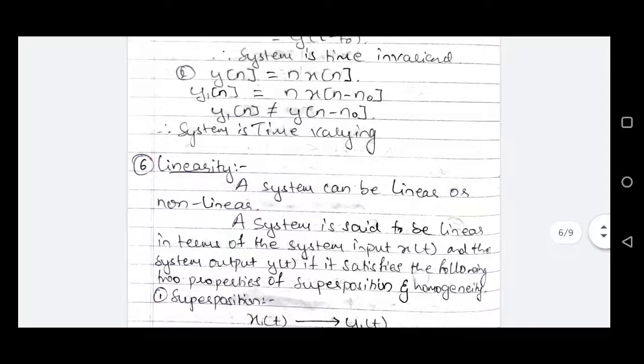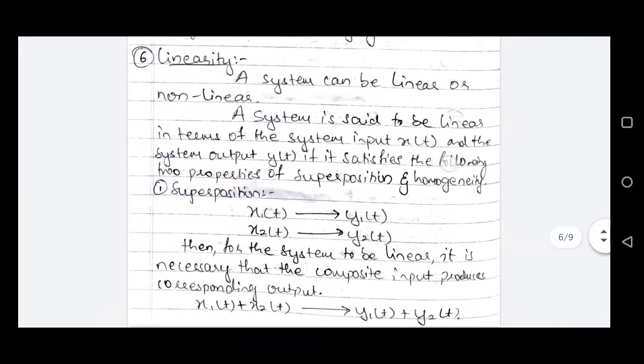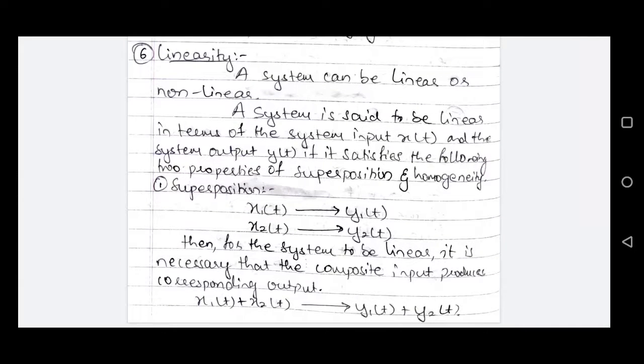The last property we'll be studying is called linearity. A system can be linear or non-linear. A system is said to be linear in terms of the system input x of t and the system output y of t if it satisfies the following two properties: superposition and homogeneity. It is simple.